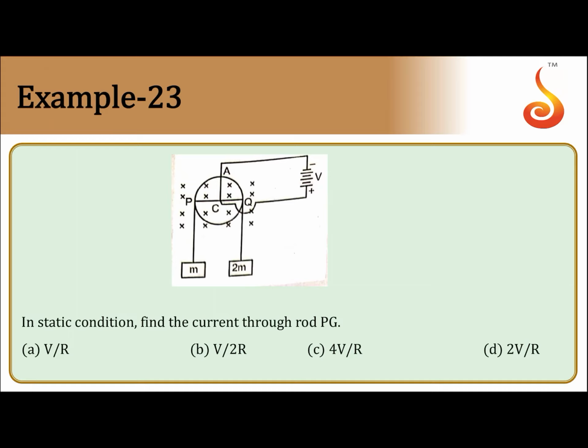We have a ring centered at C, and then rod PQ, and at P and Q two masses suspended, and the circuit is connected through the battery like this. The circuit is connected to the rod at center and to the ring at point A. So in the static condition, we have to find the current through the rod PC.